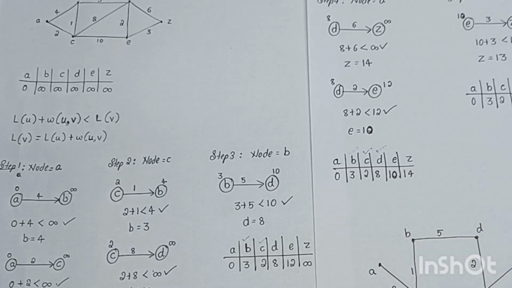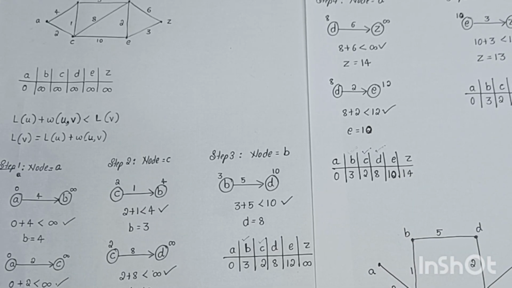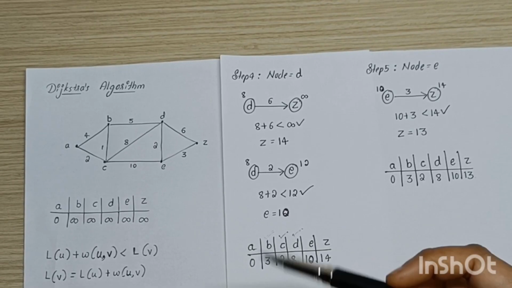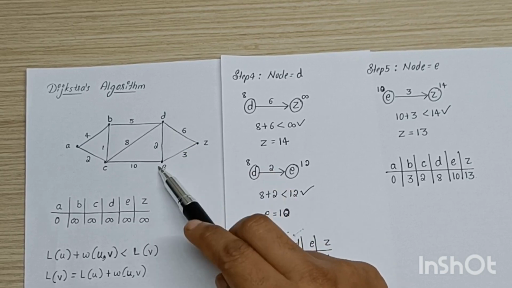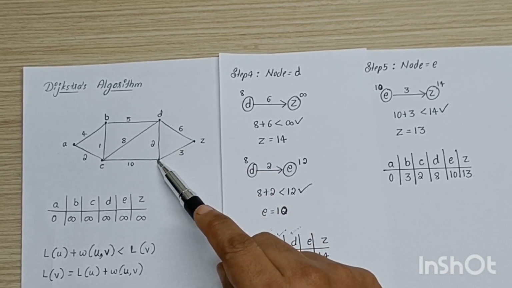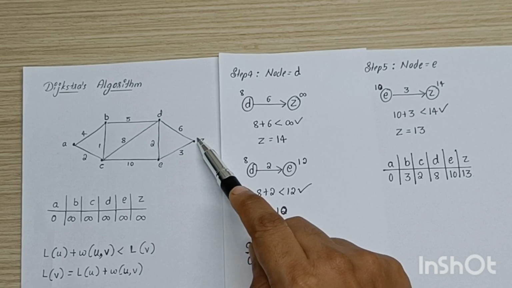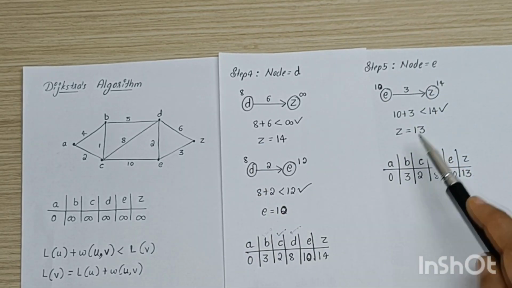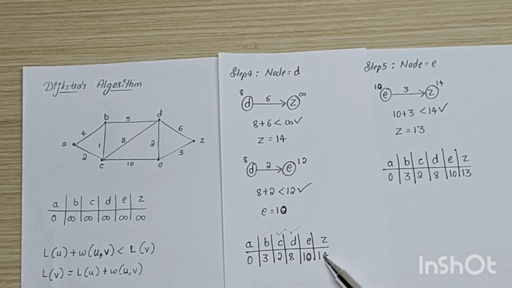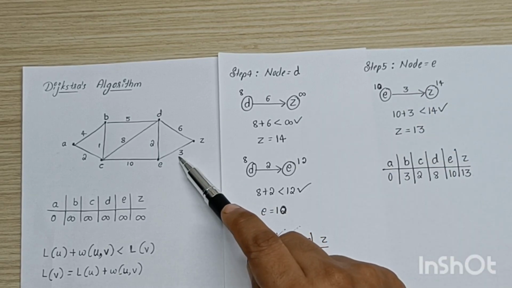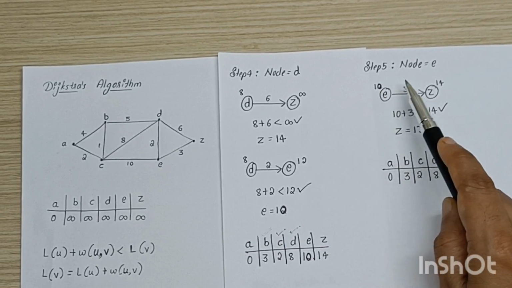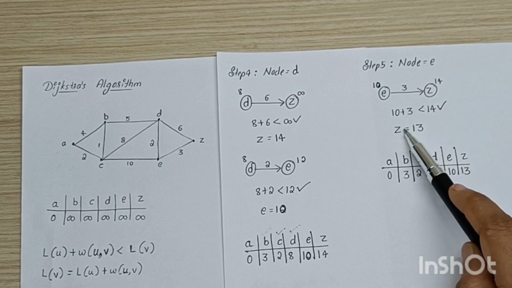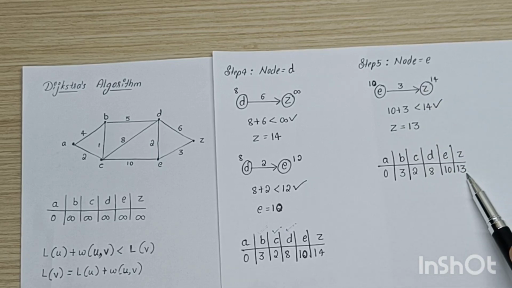So in the next step 5, the node you will be considering is E. From E, this is the already visited one, there is only one edge, that is E to Z. E value is 10, Z value is 14, and the weight is 3 from the graph. 10 plus 3 is less than 14. This condition is true. Update Z with 13. So here Z is 13.